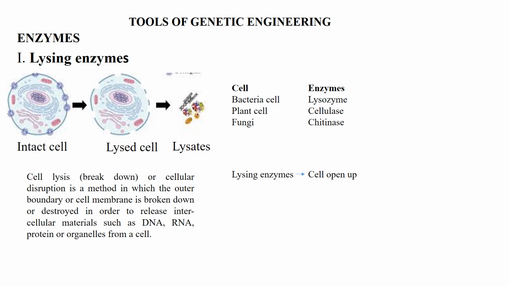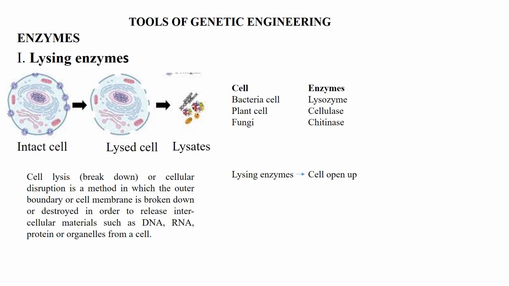And the intracellular materials may be DNA, RNA, protein, or organelles from a cell. This is the main function of lysing enzymes. When we apply lysing enzymes, then the cell opens up. Actually, the lysing enzymes open the cell.